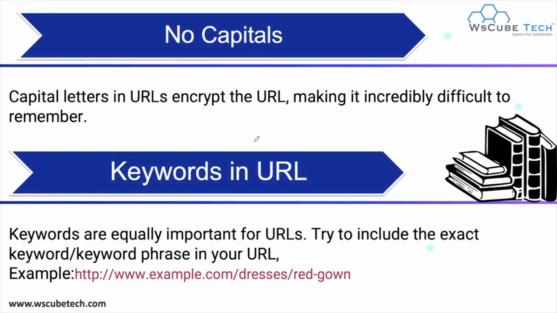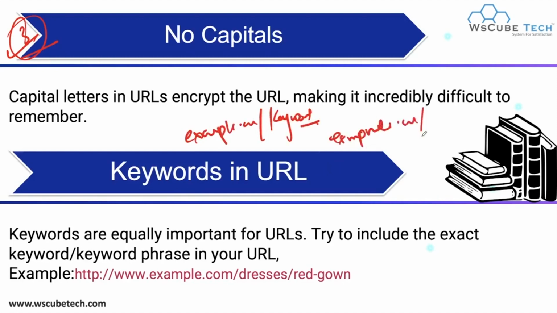Next we have no capitals. This should be strictly avoided in a URL. Just in case you are not aware, let me tell you, example.com/keyword with a small k is a different URL than example.com/Keyword with a capital K. Capital letters in your URLs encrypt the URL, making it incredibly difficult to remember.